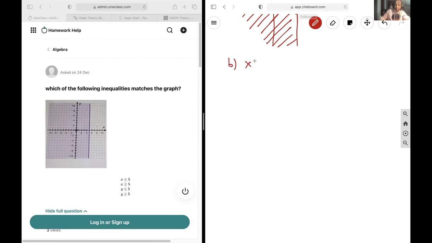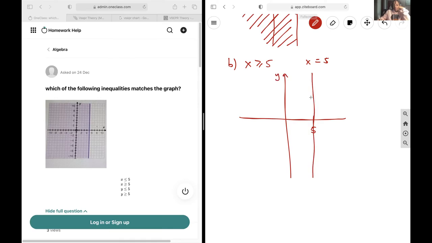Next up, we have x is greater than or equal to 5. So we start with x is equal to 5, and we get the line.